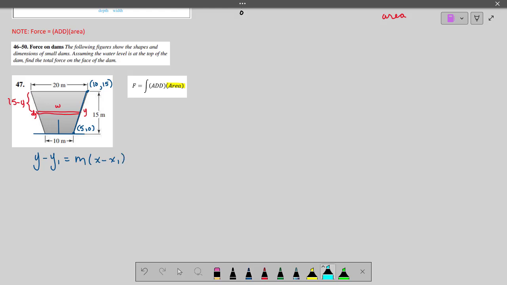The point that we choose, the coordinates that we choose, it doesn't matter if we use that for the point. You could use the top point also. It does not matter. Point slope formula, doesn't matter what point you choose, just any old point. I will always choose the one with a 0 because it's easier. So this will be y minus 0 equals the slope. Okay, slope. We've got 2 points, rise over run. So if we go up, we're going up 15 and over how many?